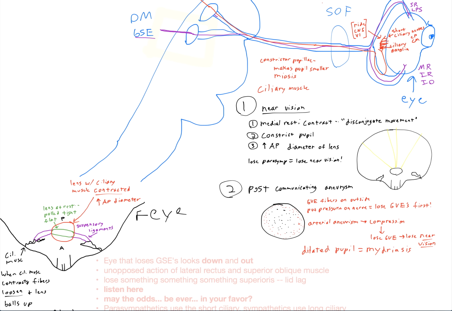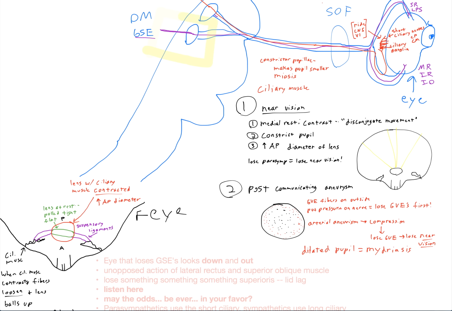So we've already talked about what it would look like if it was GVE. So let's talk about what it looks like if it's just GSEs. Okay? So now you've lost 5 of the 7 extraocular muscles, right? So now you have unopposed action of the other 2. So what does that look like?